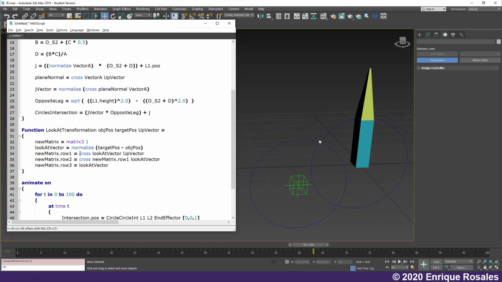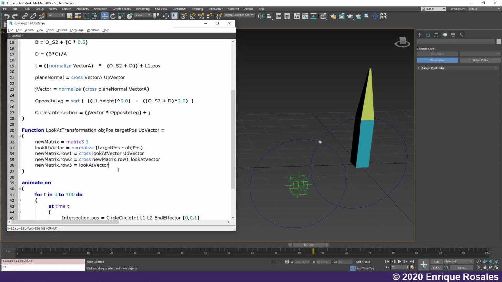So the first row is taking the lookup vector cross the up vector, which gives us the right vector, the x vector. It's almost the same as we did with the camera. And then to compute the actual y vector, we take the cross product between that right vector and the lookup vector, which is the z-axis.